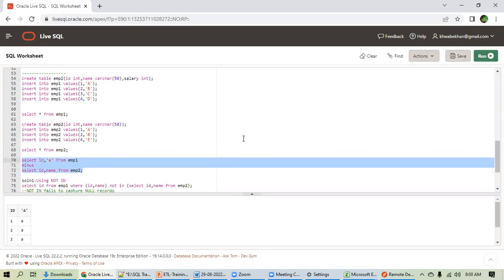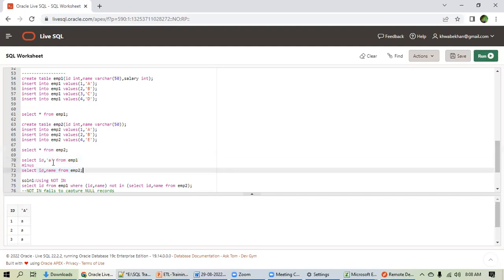Check rule 1: both queries must have the same number of columns. Even if you have hard coded, this behaves as a column. Here you have 2 columns, here you have 2 columns. So fine, it will work. Got it? Is your question clear?